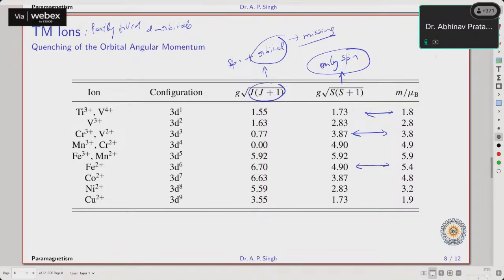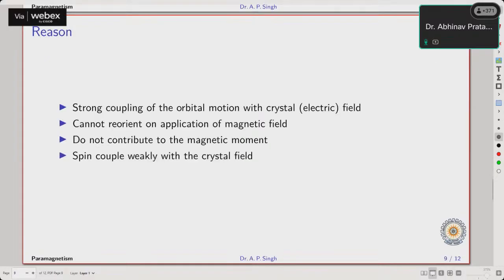Okay. So why is that happening? By the way, this phenomenon where the orbital part is almost zero is called quenching of the orbital angular momentum. It is as if you have quenched the orbital angular momentum. Why this happens is because of the crystal field effect.